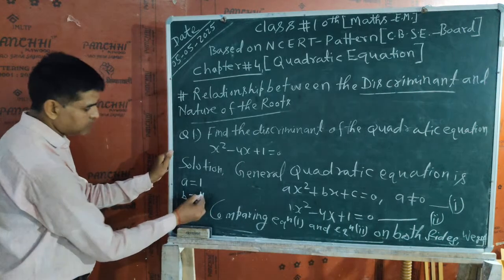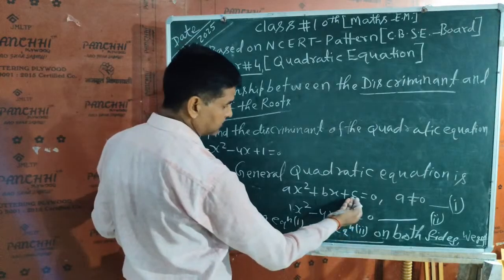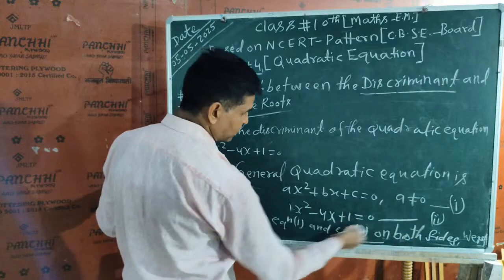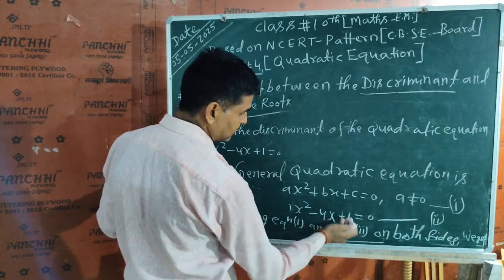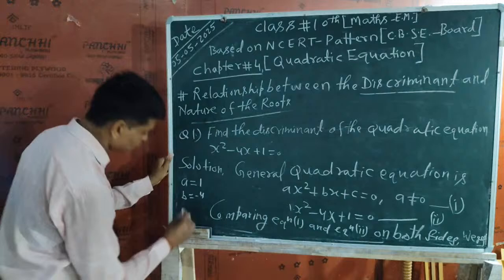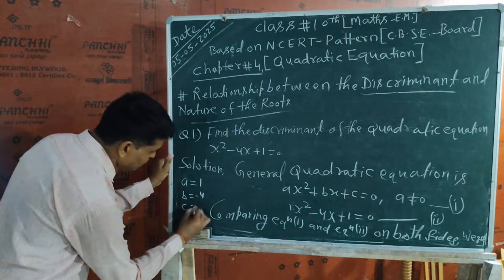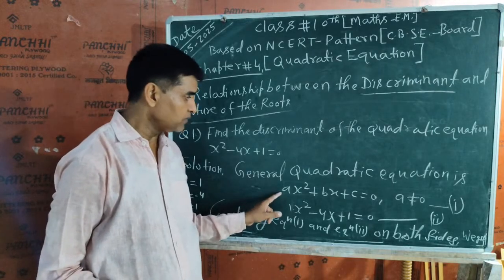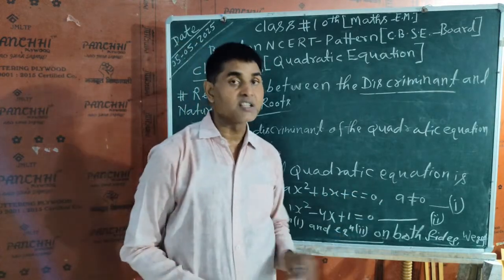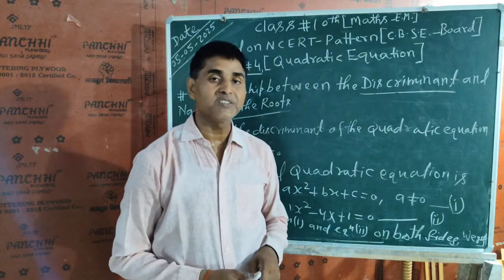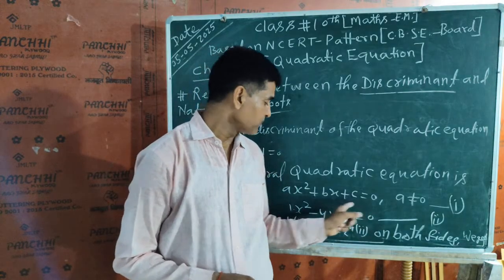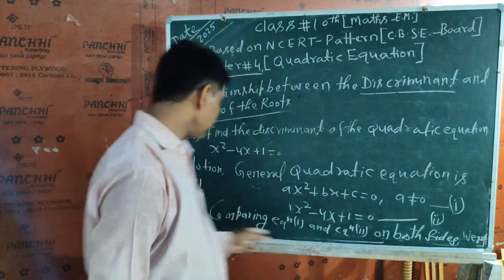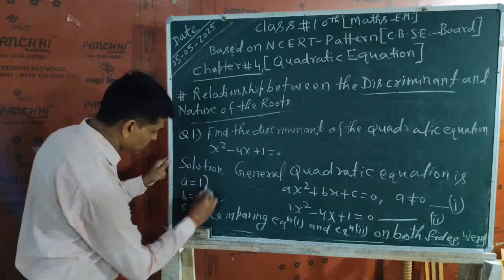In the first equation the constant term is c, and in the second equation the constant is 1. So c is equal to 1. After comparing both equations, we have written these three values.